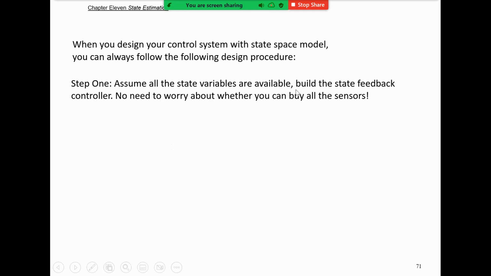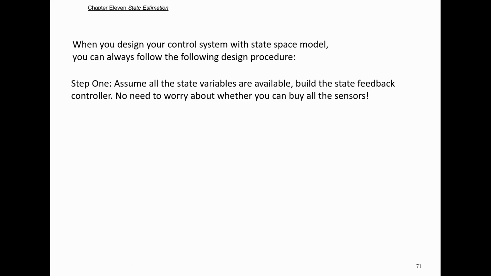You make sure that if you have all the state variables, you can solve the problem. Imagine if you have all the information and then you cannot solve the problem. Then you forget about it, you don't even move on to ask if only partial information is available, can I solve the problem? Of course you cannot.